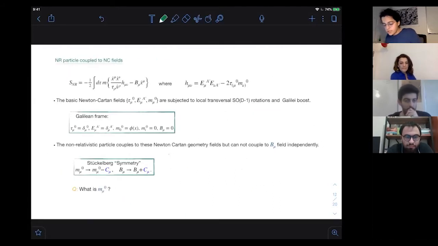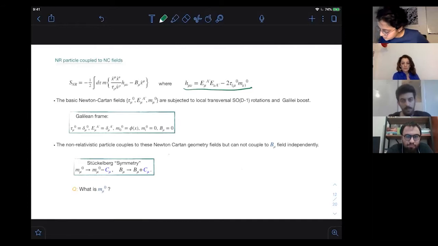I'm skipping some steps, but I hope you can believe me. At the end, you get this action. I claim that this is the non-relativistic action coupled to the metric H_mu nu and gauge field B_mu, and H_mu nu is given here.